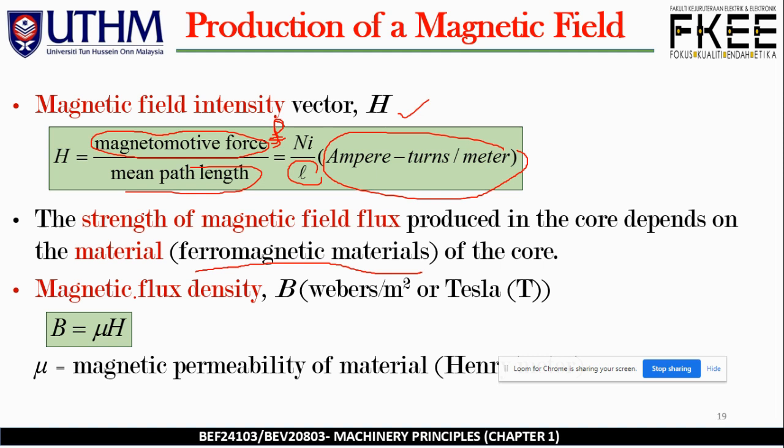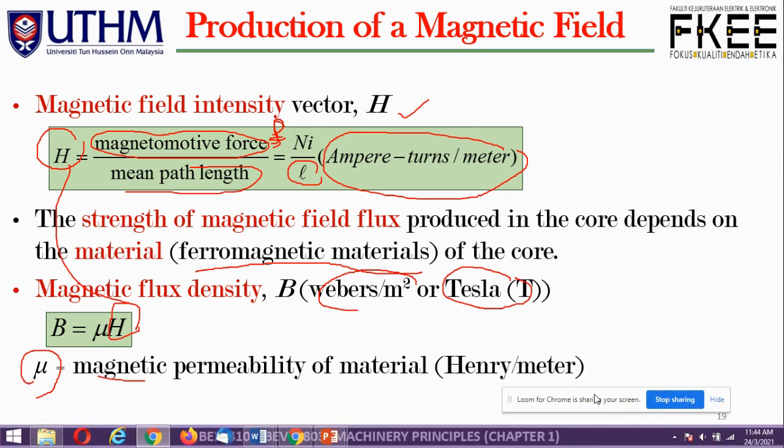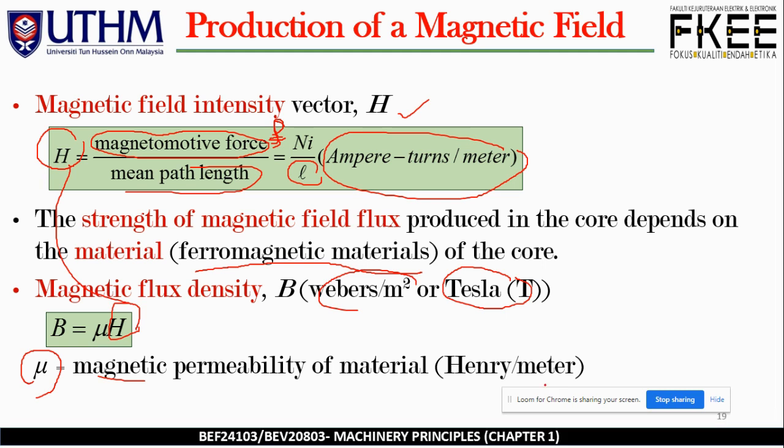Again, magnetic flux density is in Weber per meter squared, or simply Tesla. The flux density is given by B equals mu H. Again, what's H? This is the magnetic field intensity, and mu is the magnetic permeability of a material. The unit is Henry per meter.